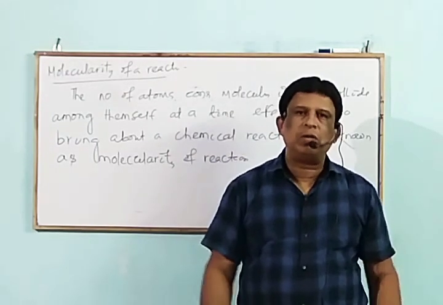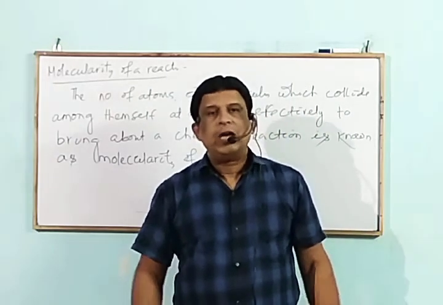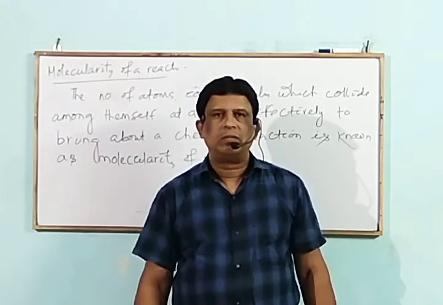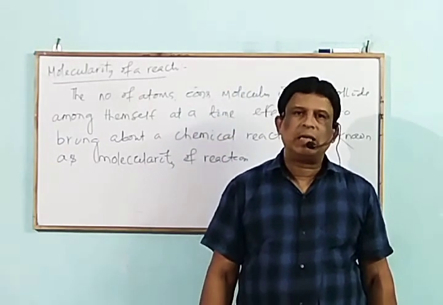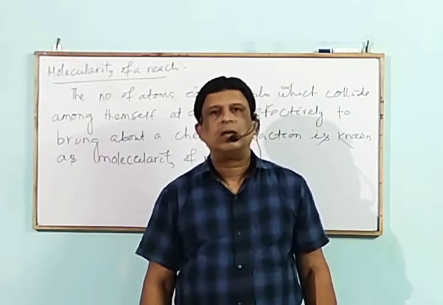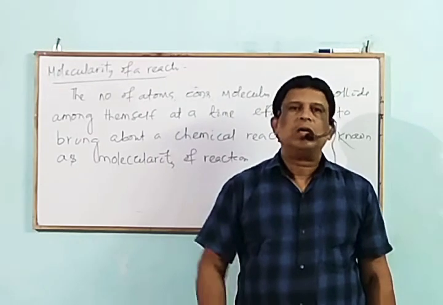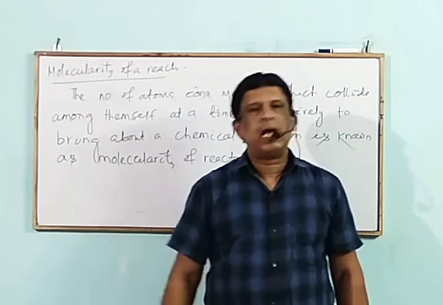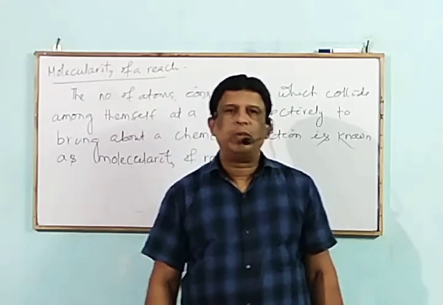And it has been observed that for a complex reaction which proceeds in a number of steps, for each step of the complex reaction the rate is different. One is slow, one is faster. So it has been observed that the slow step, the reaction which proceeds slowly, is known as the rate determining step.